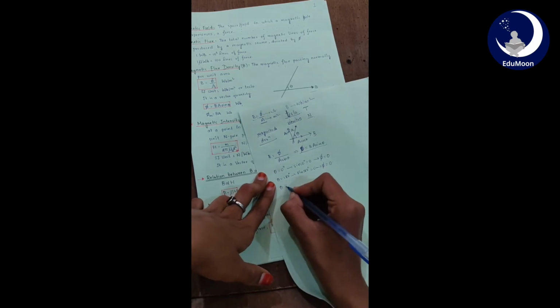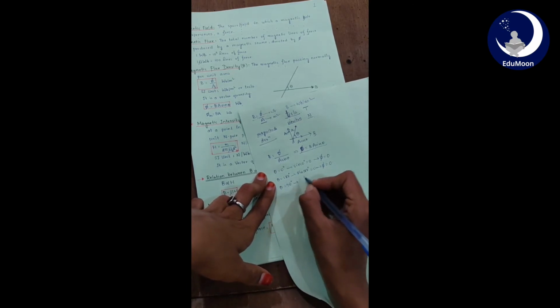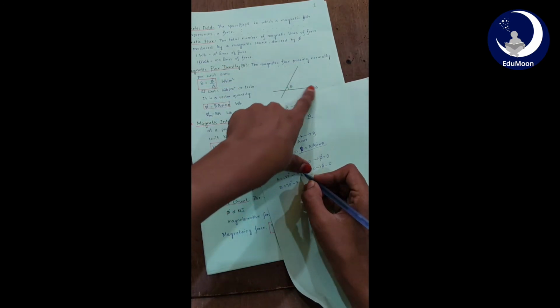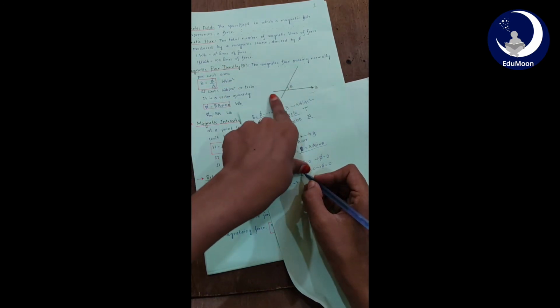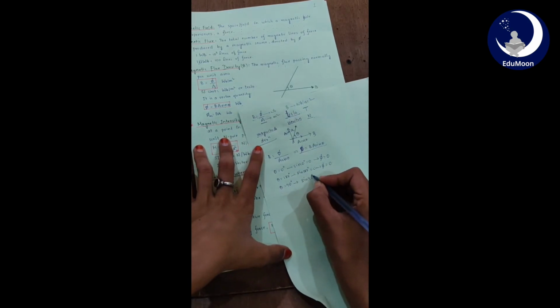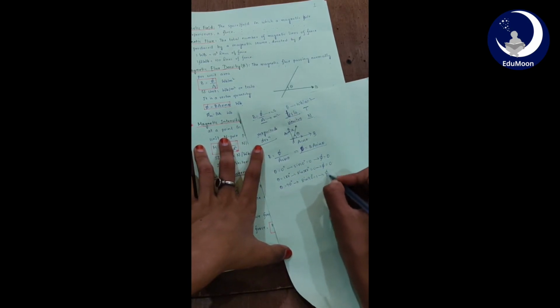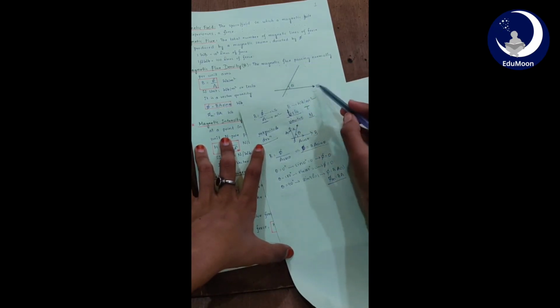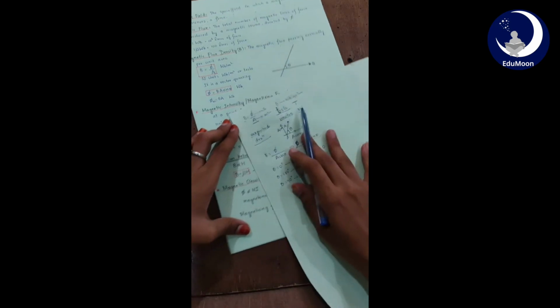But when theta is 90 degrees, that means the plane of the coil is perpendicular, or normal, to the direction of the flux. Then sine 90 is 1. Then flux equals BA sine 90, which is 1. So maximum flux is BA Webers, which is obtained when the plane of the coil is normal to the direction of magnetic flux.